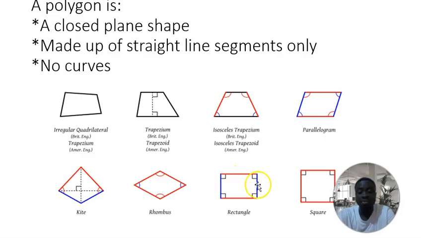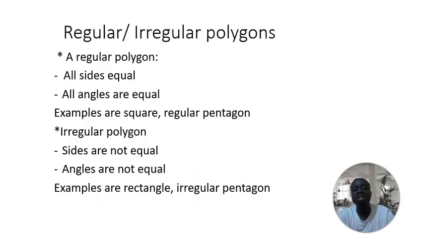Realize that this side is only equal to that side, and this side is also only equal to that side. This side is not equal to that side. Since it does not have all equal sides, we say it is an irregular polygon.